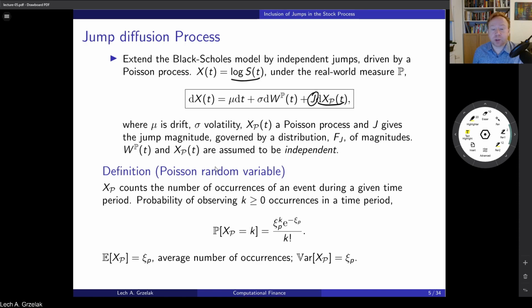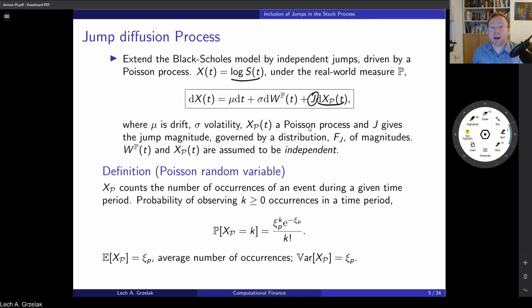Let us look at the definition. The common way of describing this process X_P(t) is by modeling the jump process with a Poisson process. Before we describe the process, we need to describe the Poisson random variable. X_P counts the number of occurrences of an event during a given period of time. In a jump process, for a given time frame, you count how many times the jump happens.